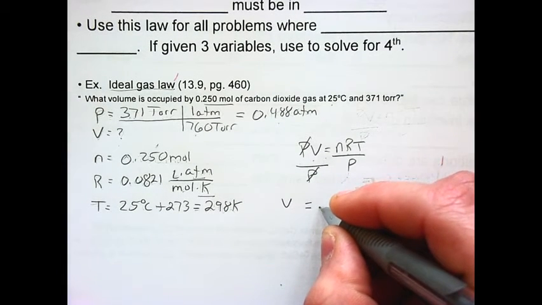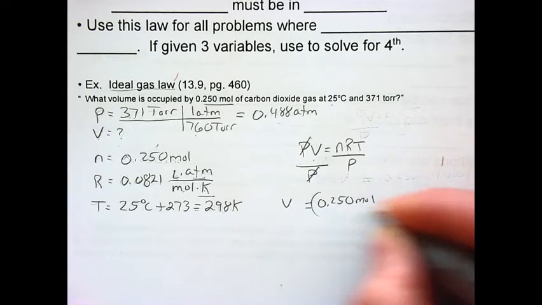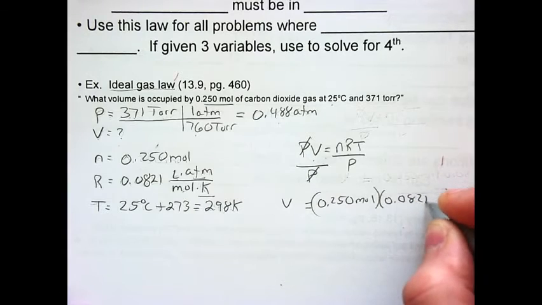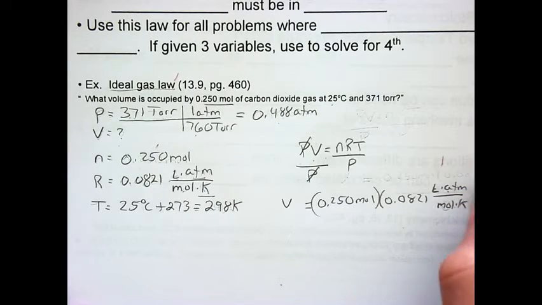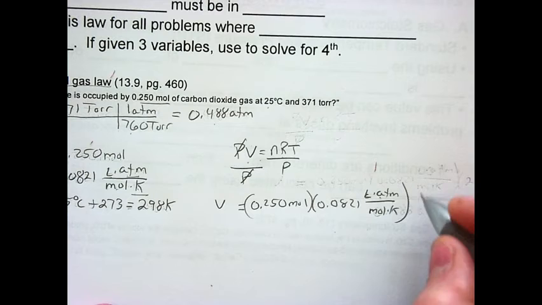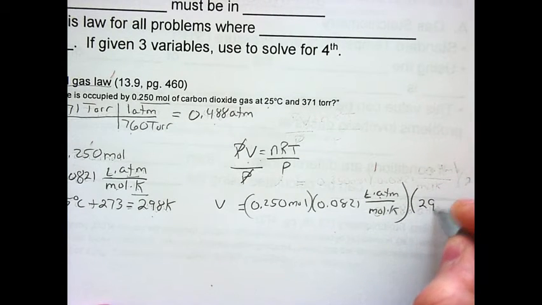So, plugging in the correct numbers, n is 0.250 moles. R is 0.0821 liter atmospheres over mole kelvins. And T is 298 Kelvin.